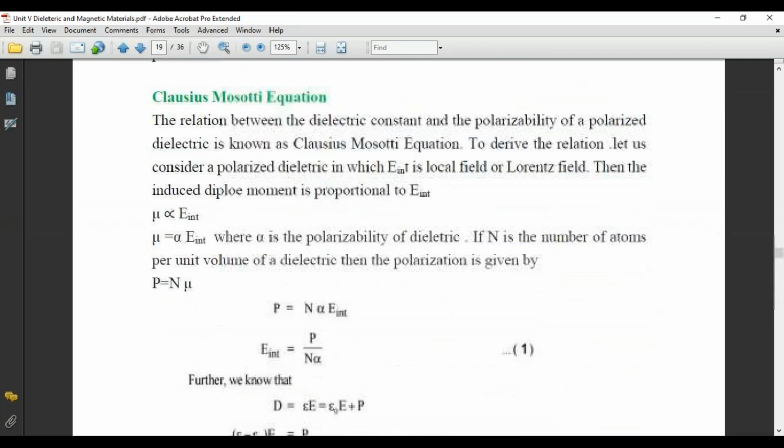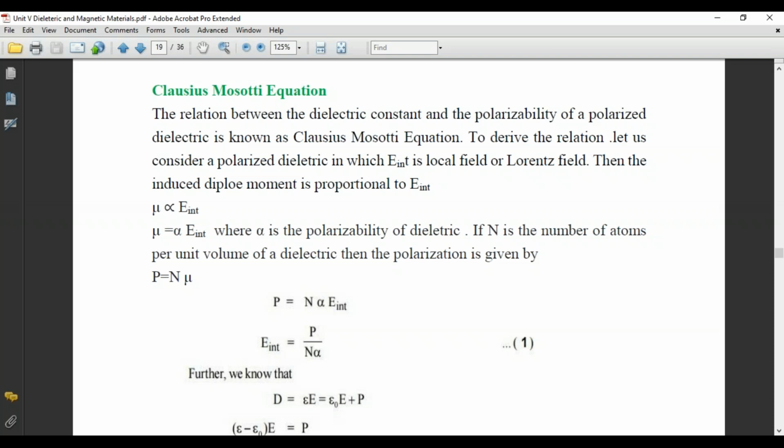Now finally, you can see what the Clausius-Mossotti equation is. The Clausius-Mossotti equation gives the relation between the dielectric constant and polarizability of a polarized dielectric. It can be understood from the following equations.